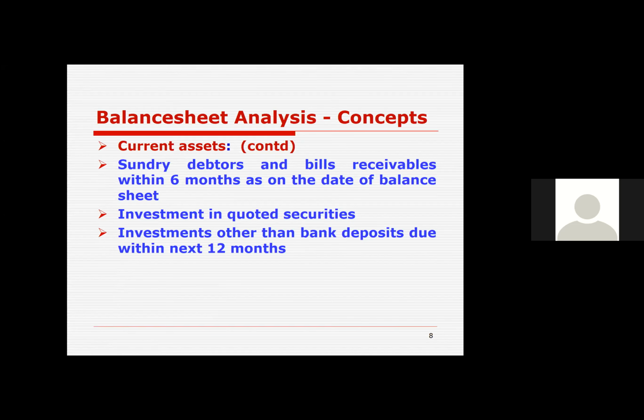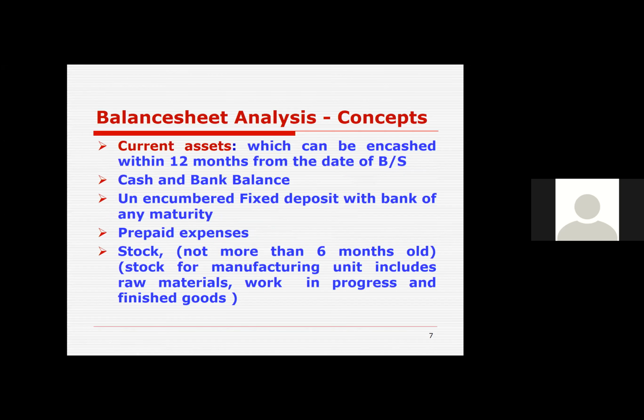That which they will get within 12 months is called the current asset. Investments other than bank deposits, due within the next 12 months. So under current assets, you are going to have those which can be encashed within 12 months from the date of the balance sheet. Cash and bank balances, then unencumbered fixed deposit with a bank of any maturity, very important, unencumbered.